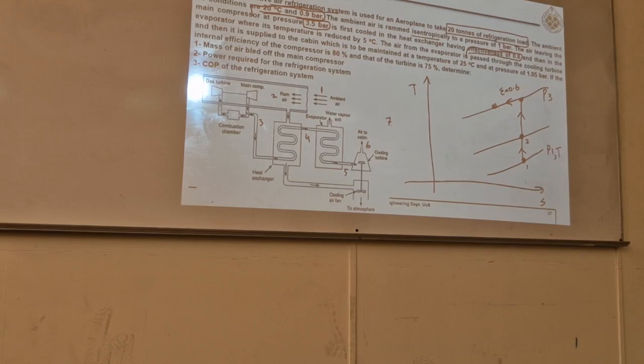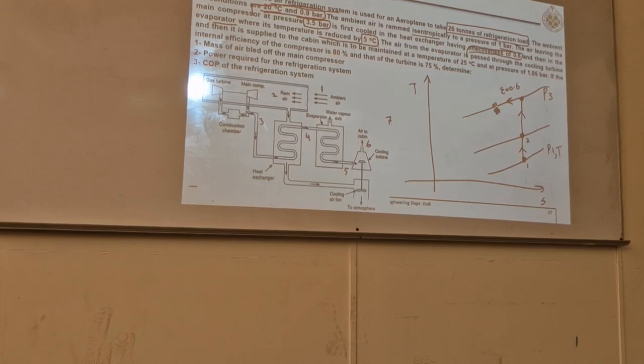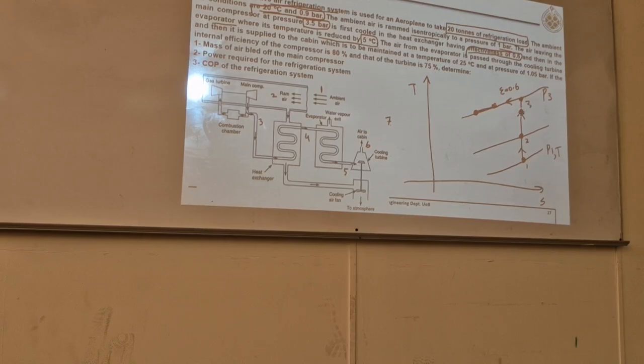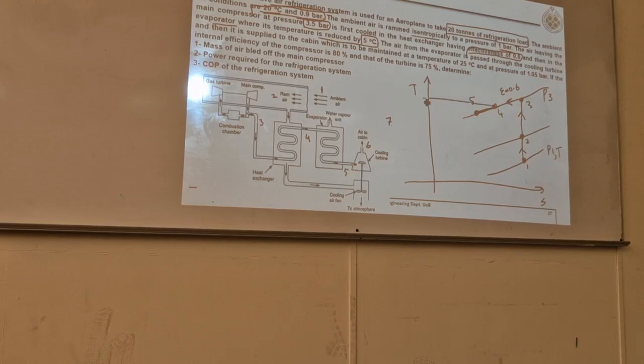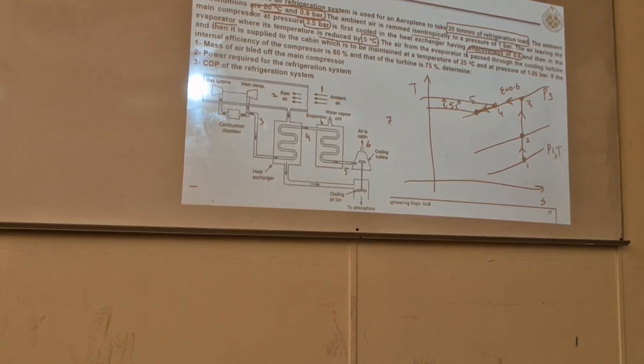So some more calculations are involved here. Okay. And then in the evaporator, where its temperature is reduced by, it means from here further, let's name 3, 3 to 4, 4 to 5. This 4 to 5 temperature difference is given, 5. Temperature is dropped by 5.